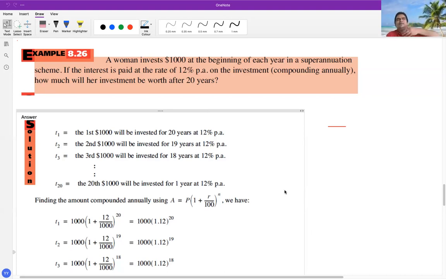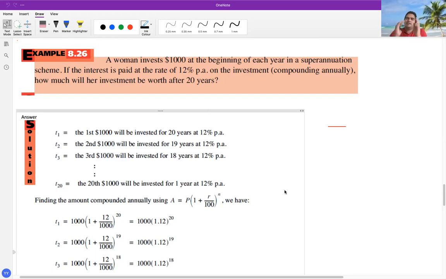The key term that we are using here is superannuation, and the instance that I'm giving is, let's say, as a careful parent, I decide to invest $100 every year in a bank account at 12% compounded interest without any withdrawal or any further sub funds.